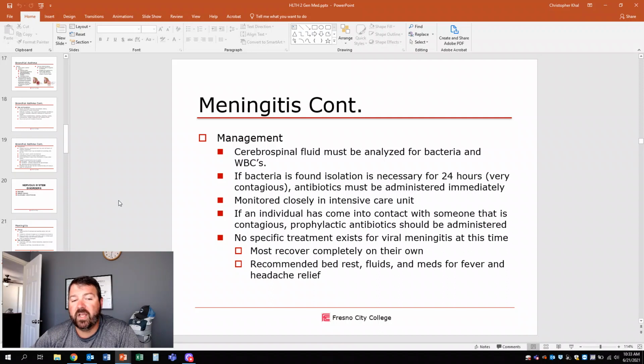If an individual has been in contact with someone contagious, prophylactic antibiotics should be administered. No specific treatment exists for viral meningitis. Again, there are no viral meds. Just know that everything's bacterial, really. Most recover completely on their own. Recommended are bed rest, fluids, meds for fever, and headache relief.